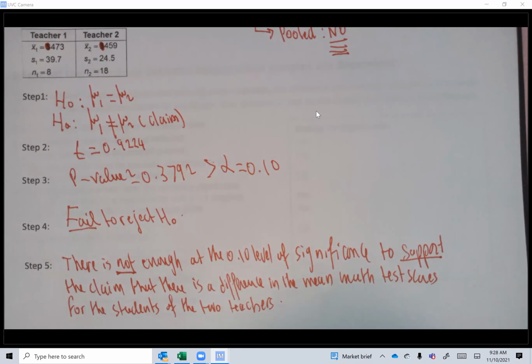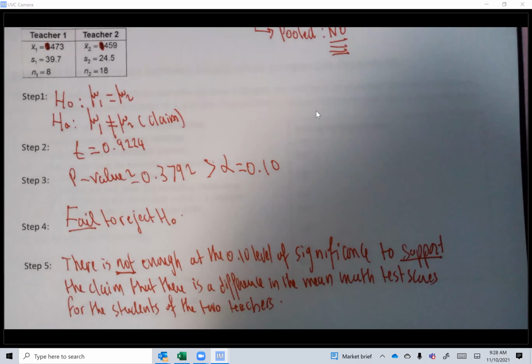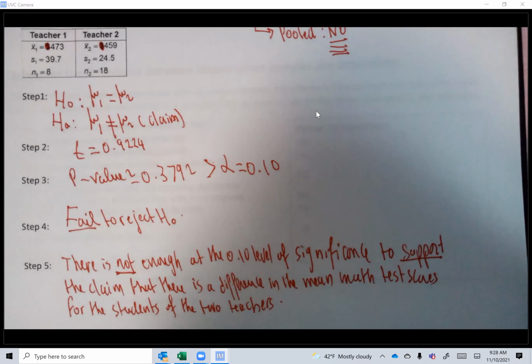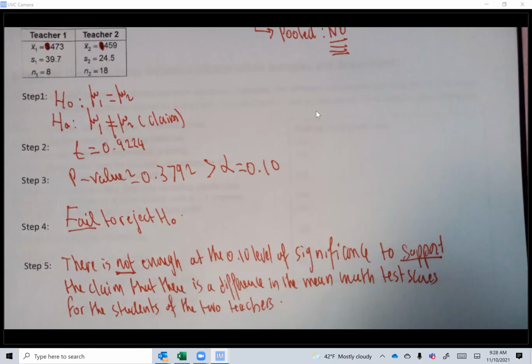So that means the claim probably is good. When we don't reject something, it means probably it's good. We're not sure, but probably it is. When we don't support something, we're just saying probably we need more evidence, to bring back more evidence in order for us to be able to support it.